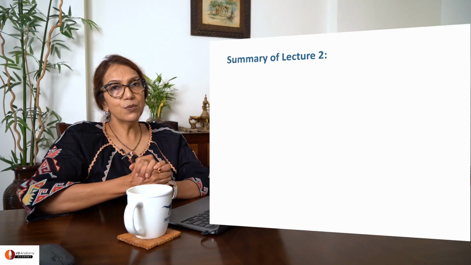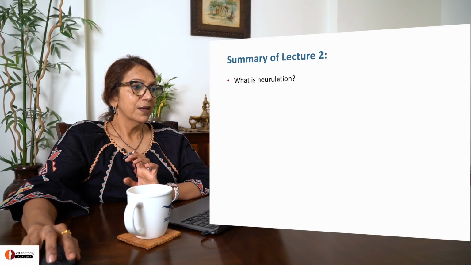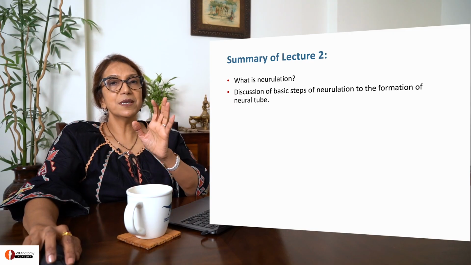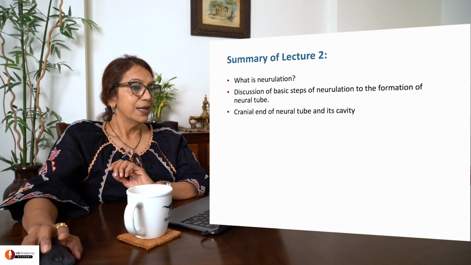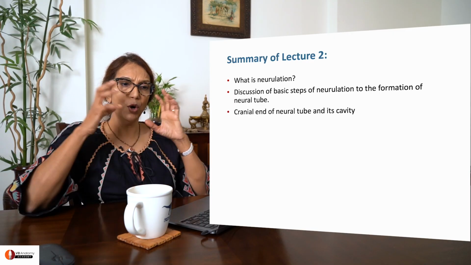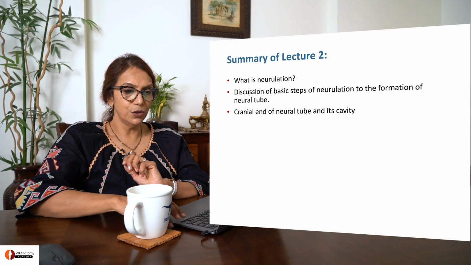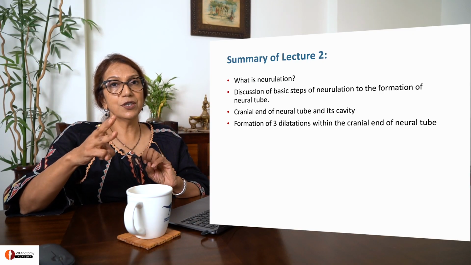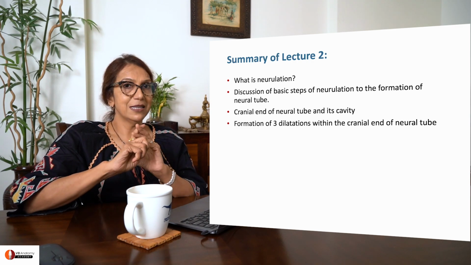So let's summarize what we learned in this lecture. We talked about what neurulation is and then the basic steps till the formation of the neural tube. Then we brought our focus on the cranial end of the neural tube, caused it to dilate to form 3 basic dilatations: prosencephalon, mesencephalon and rhombencephalon.